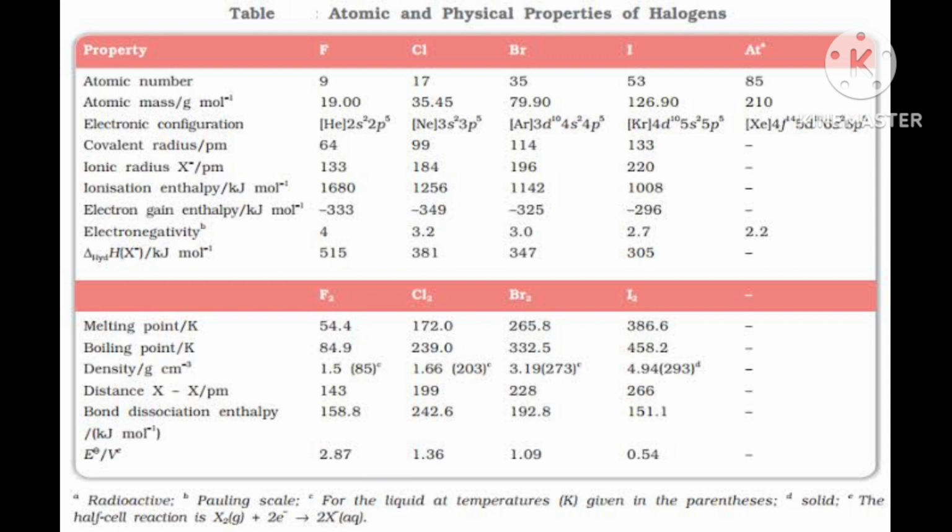Electron gain enthalpy of the elements of the group becomes less negative down the group. In the beginning it will be more, but as you go down it will be less. However, the negative electron gain enthalpy of fluorine is less than that of chlorine.